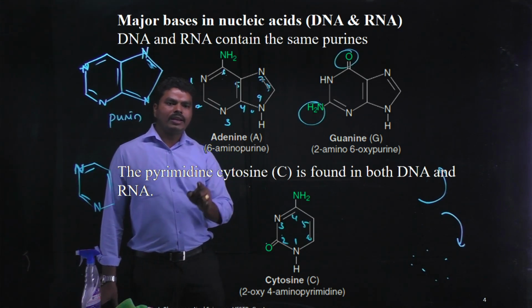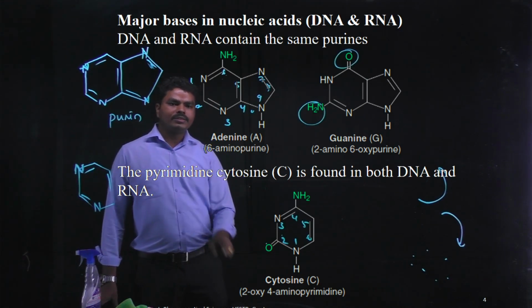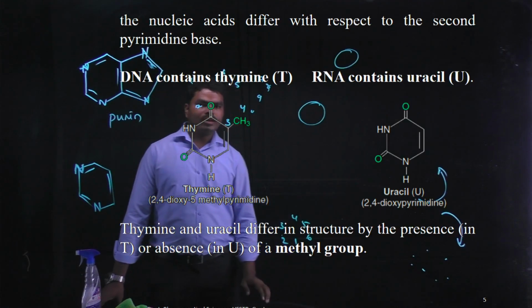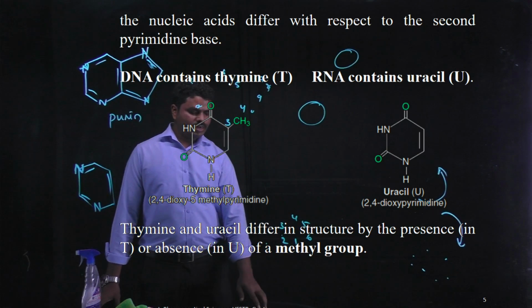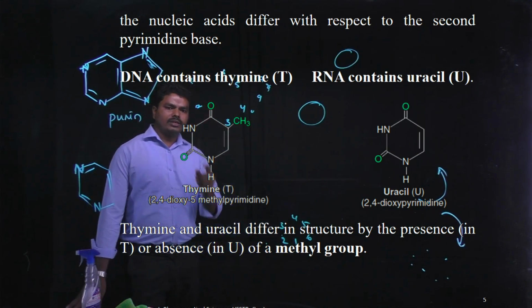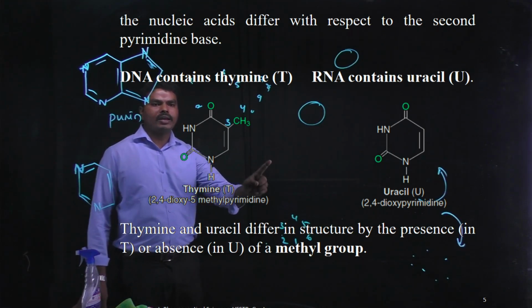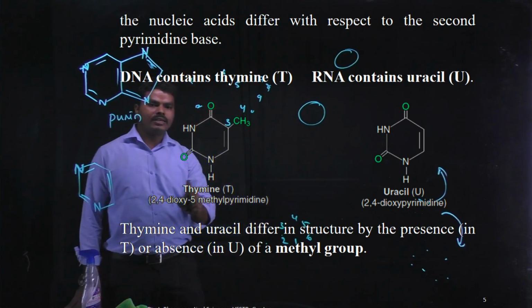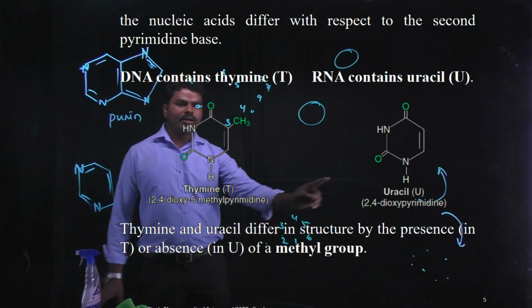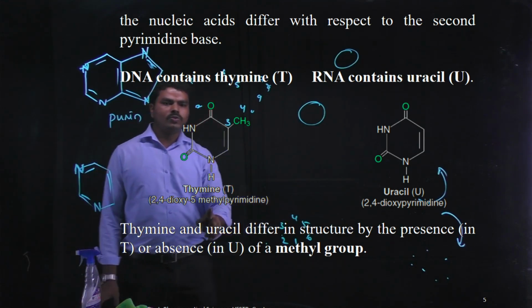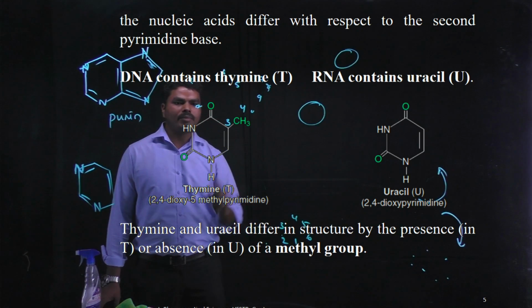In case of DNA, what does it contain? It contains thymine, and in case of RNA it contains uracil. So DNA has a different second pyrimidine moiety than RNA. Thymine is 2,4-dioxy-5-methylpyrimidine.